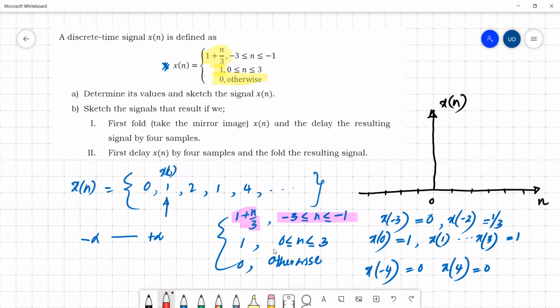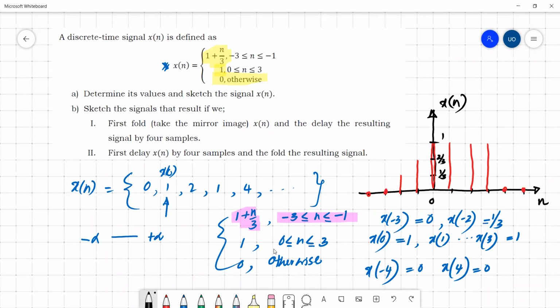You can just plot it. x0 is 1, x1 is 1, x2 is 1, x3 is 1. x4 is 0, x5 is 0, x minus 1 is 2/3, then 1/3, 0, 0. The value here is 1, the value here is 2 over 3, the value here is 1 over 3. This is the way we can illustrate a discrete signal if it is defined as a mathematical function.